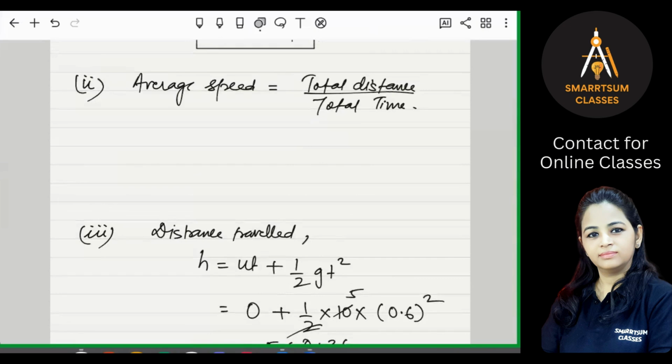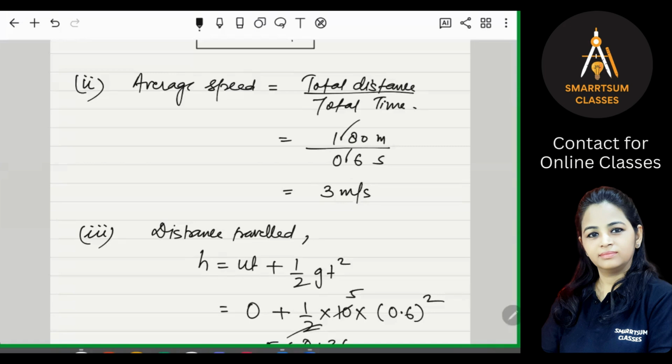Now we can use this height as the total distance traveled. That is 1.8 upon total time, 0.6 seconds, so this is 3 meter per second.